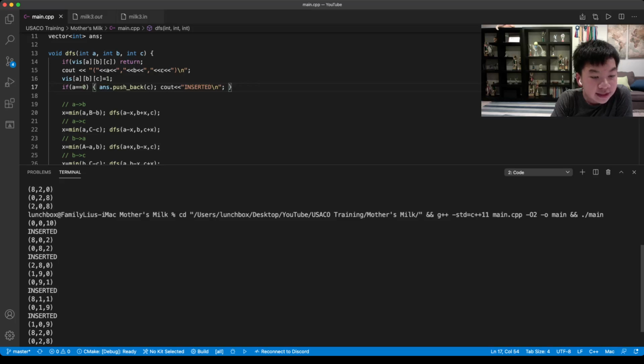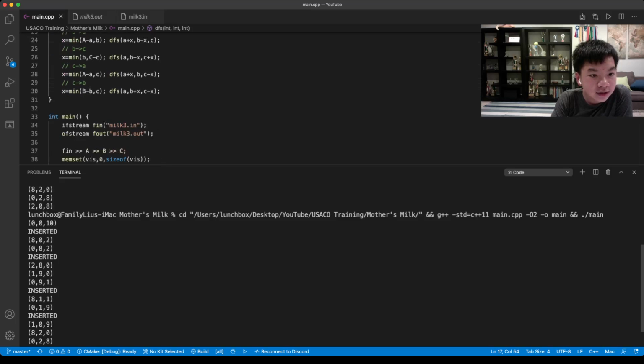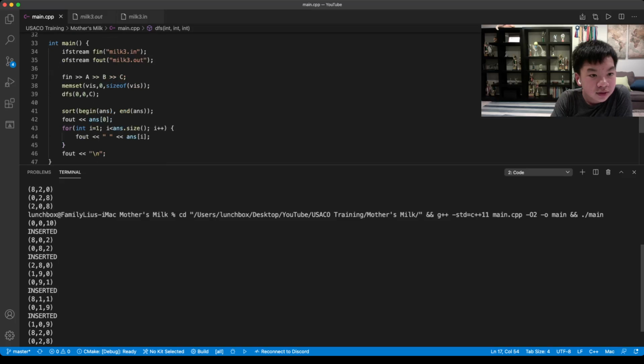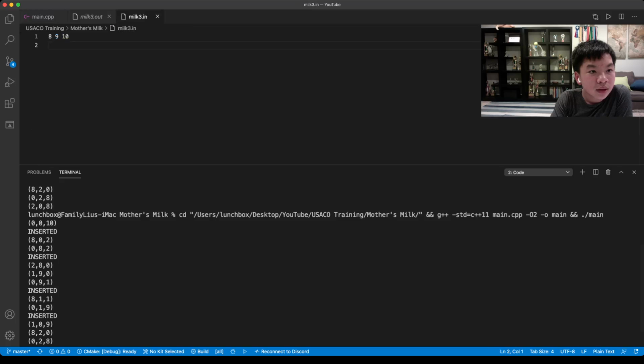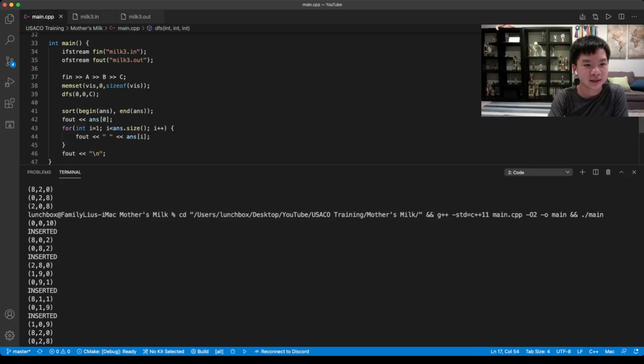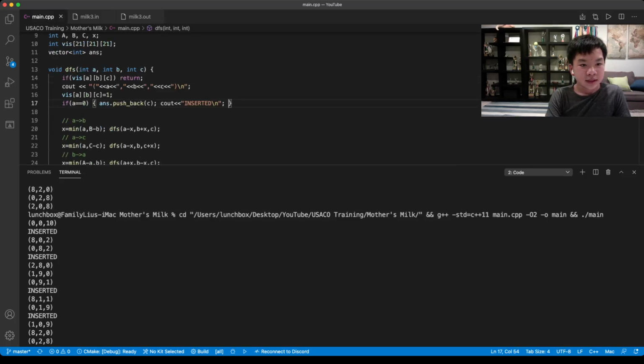Okay, so it says that it inserted to the answer. Okay, so 0, 0, C. Oh, never mind. I was just looking at the wrong file. So it looks like that is right. I'm just going to submit it. Just remove the debug output.